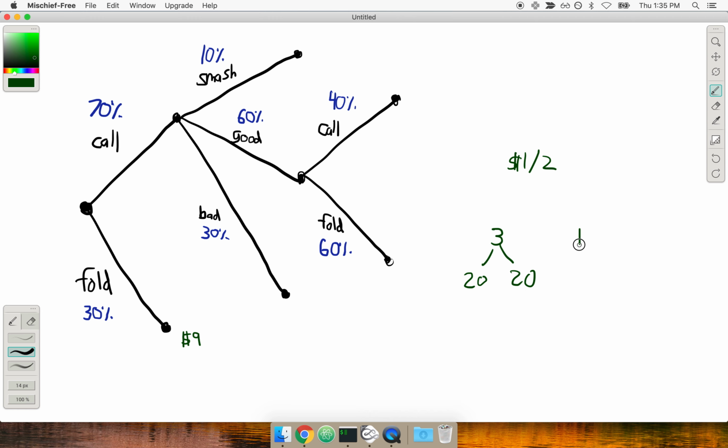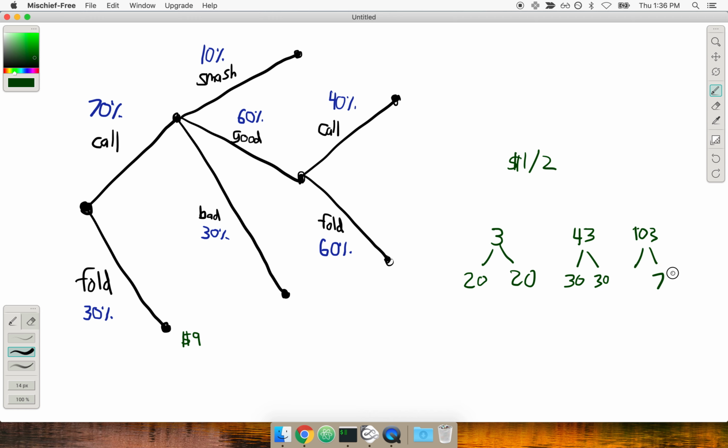So now the flop, let's just ignore rake for a second. There's 43 in the pot. And let's say we smash the flop. So let's just assume that we c-bet to 30 and get called. So then the turn is going to be 60 and 43, 103.